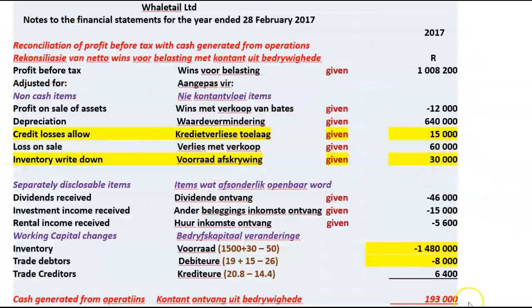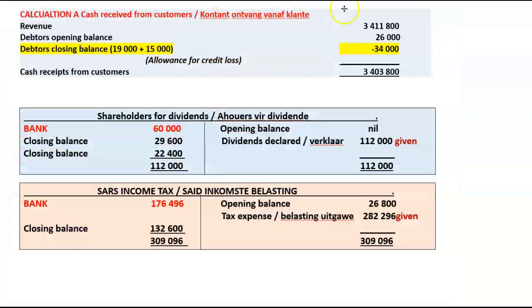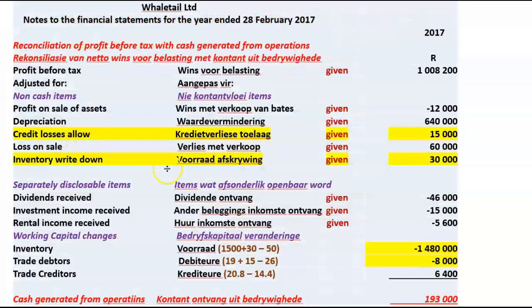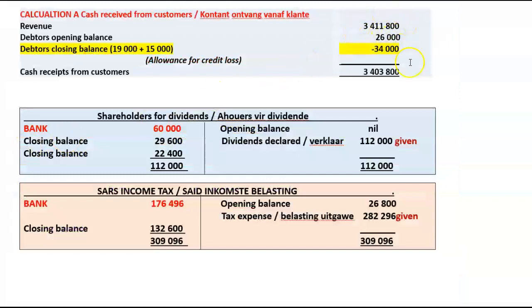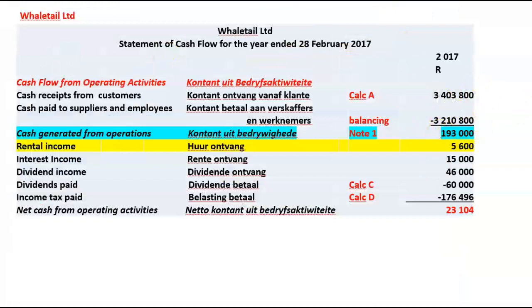You would have taken the 193,000, you would have taken out revenue, because revenue 3,411,800, and then in this question you would have eliminated the trade debtors movement of 8,000. So you would have eliminated that. In other words, you would have added that back and you would have deducted the revenue figure of 3,411,800, and then you're back at cash paid to employees and customers.